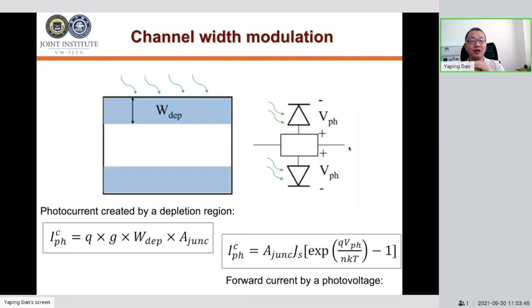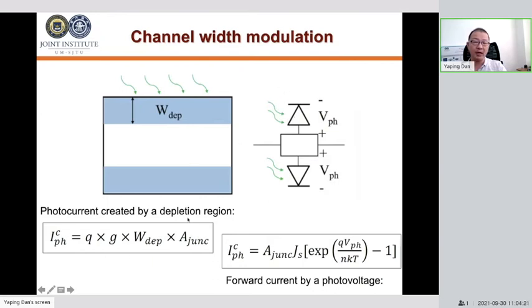Light illumination will narrow down the depletion region, and as a result the channel width will become larger. Based on this model, we can find the photocurrent under light illumination.